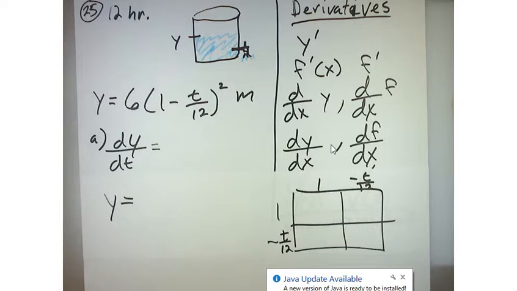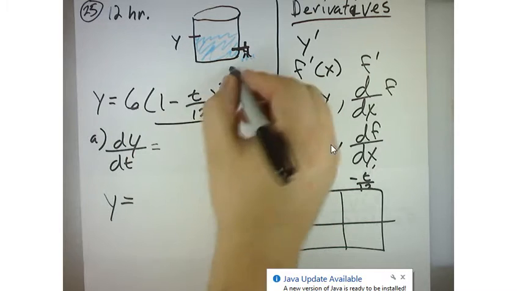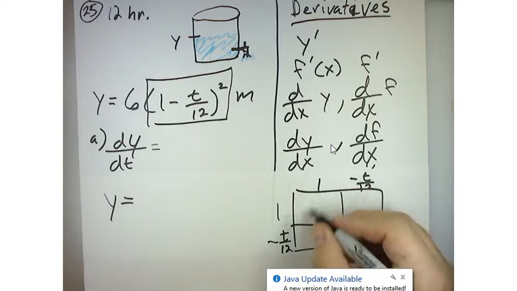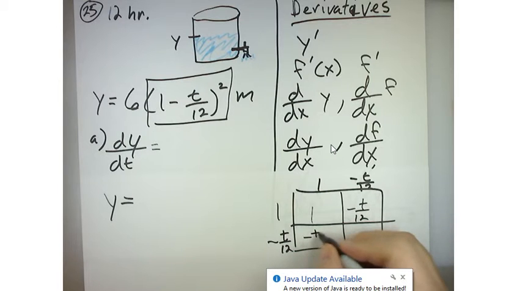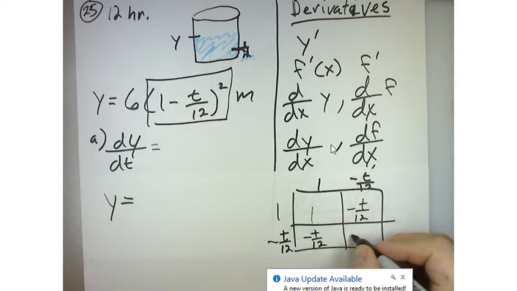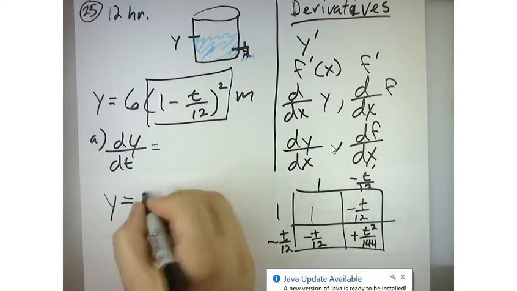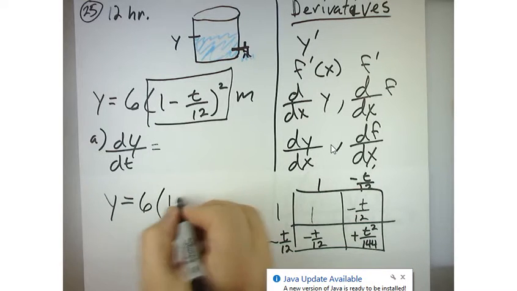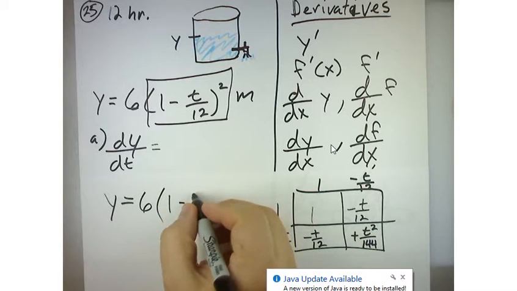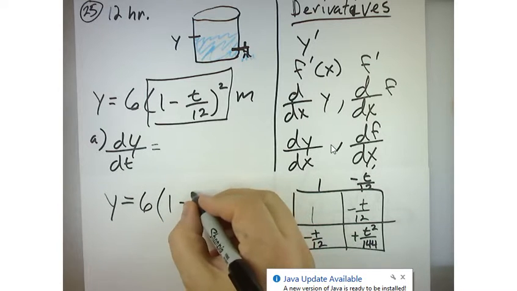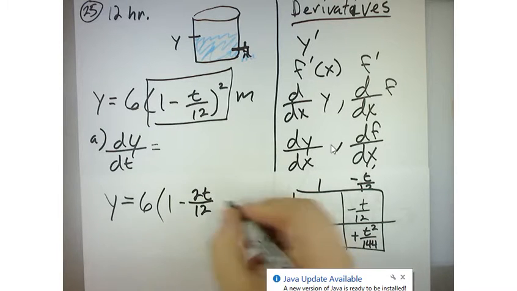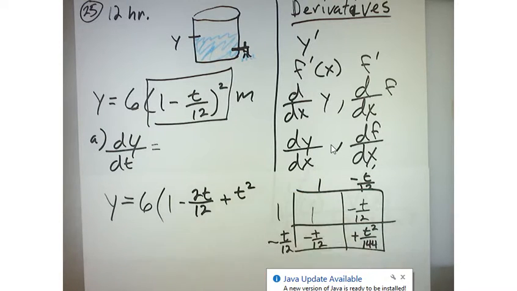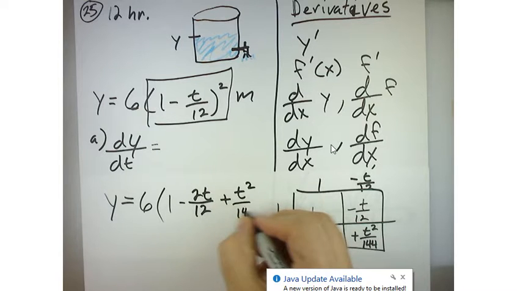And then FOIL that out. And then multiply it by 6. So I get 1 minus t over 12, minus t over 12, and then a positive t squared over 144. So I've got 6 times (1 minus 2t over 12, which will reduce down to something else in a second, plus t squared over 144).